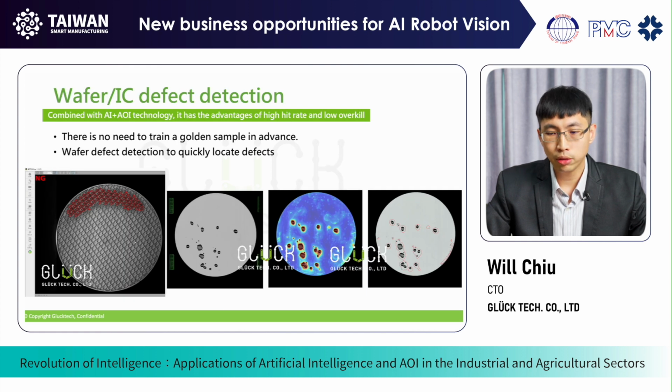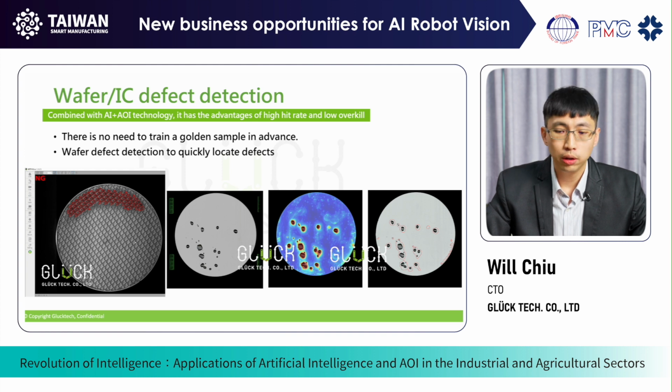Also, in the semiconductor industry, we combine AI and AOI technology to achieve macro-level inspection of wafers to identify obvious objects. There is no need to train a golden sample in advance.